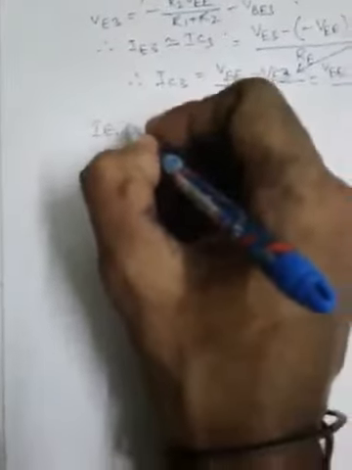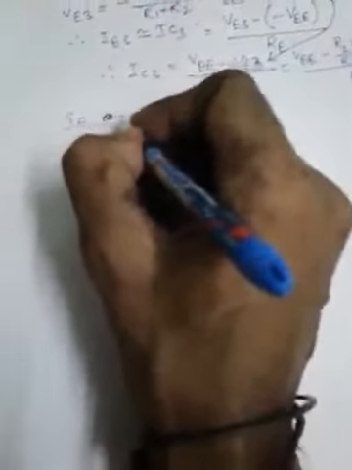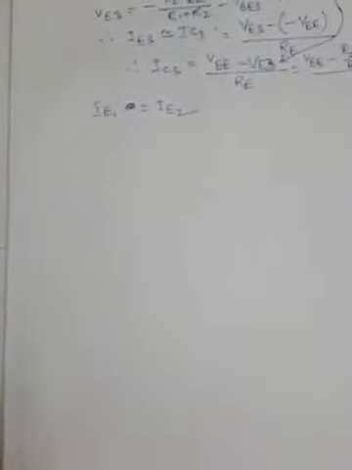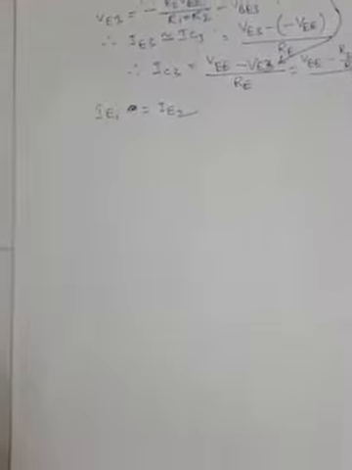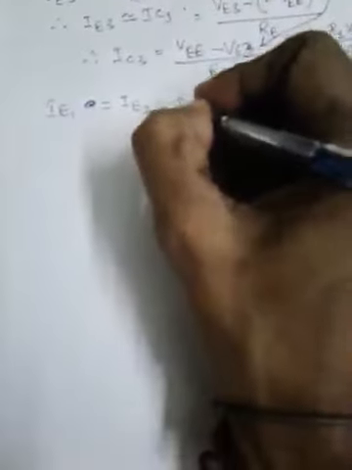So each has half of the current IC3, and so the IE1 for the left half for input 1 should be equal to IE2 for the right half with input 2, and that is approximately equal to IC3 divided by 2.